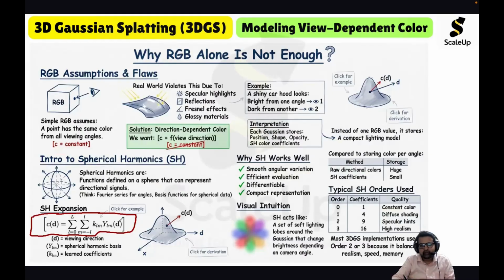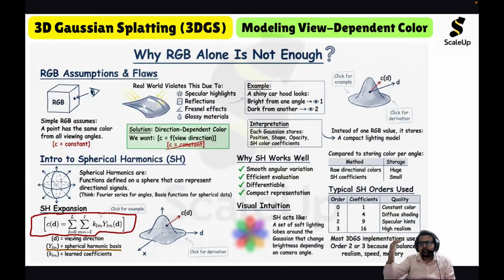Now, how is this formula working? This formula makes use of Y_lm, with l and m in the subscript. Here Y is the spherical harmonic basis. L is the degree and m is the order, so two things are there: degree and order.